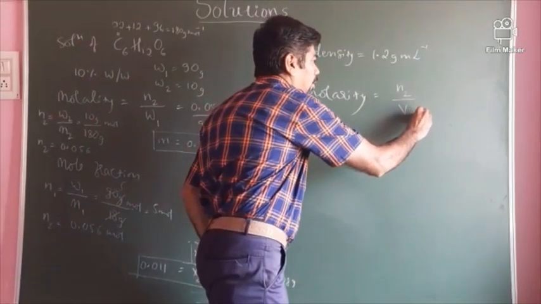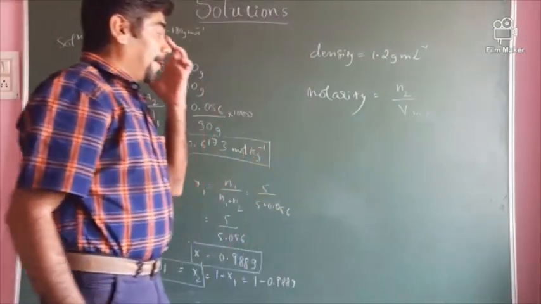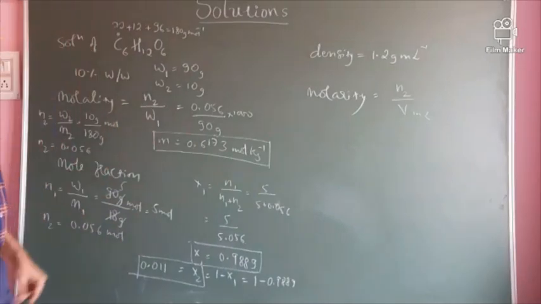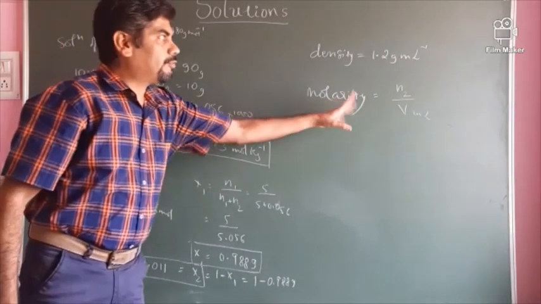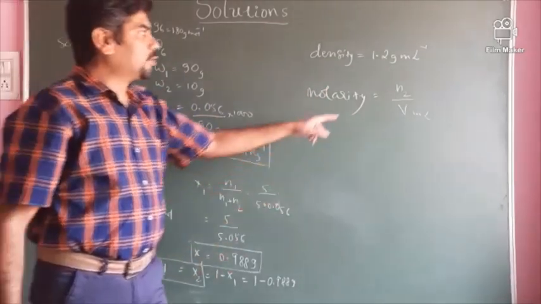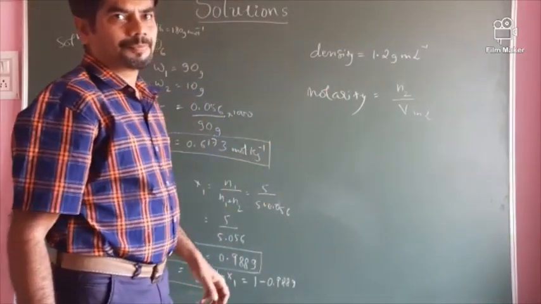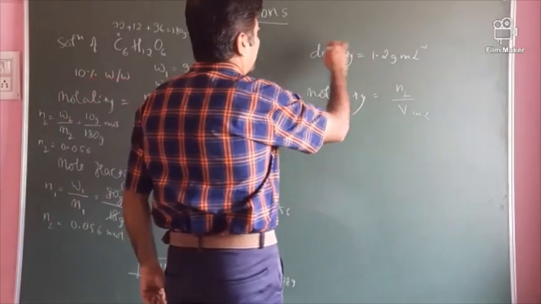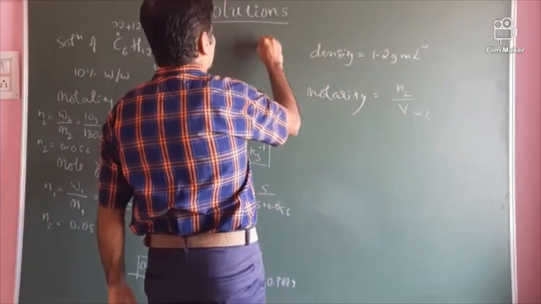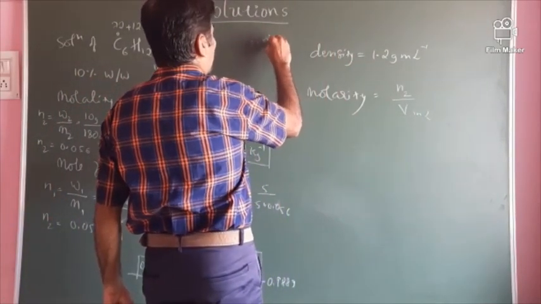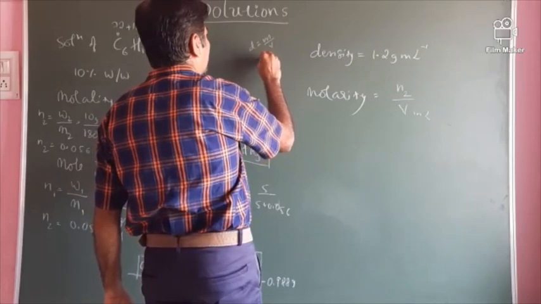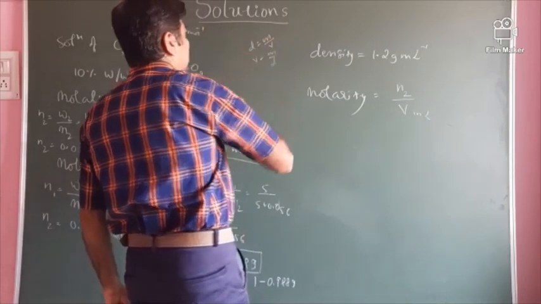Now the question arises, here they have given masses, whereas they have asked you for volume. So to get this volume, density comes into the picture. As you already know, density is always mass by volume. Therefore, volume is equal to mass by density.